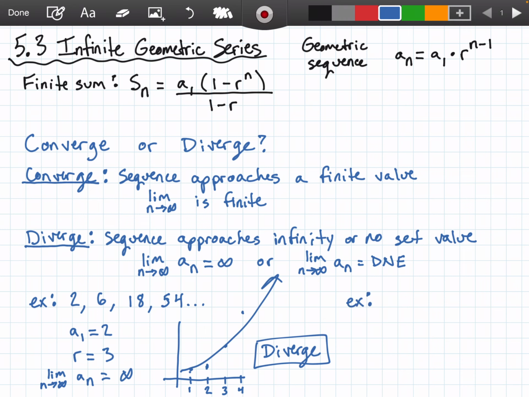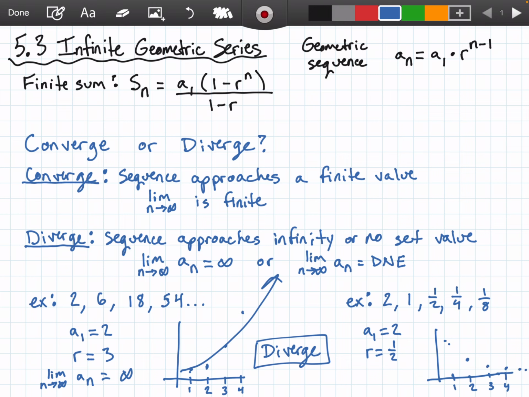What if we did one that was like 2, 1, 1/2, 1/4, 1/8? So I still have my first term is 2, but this time my common ratio is 1/2 because I'm multiplying by 1/2 every time. If I was going to be looking at this, we could start 2, 1, 1/2, 1/4, 1/8.